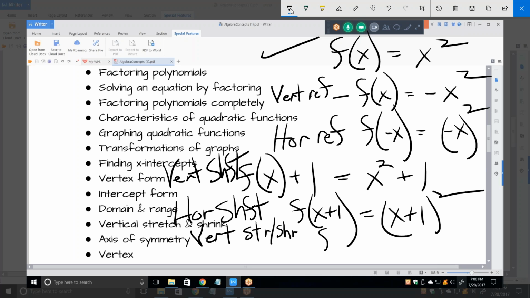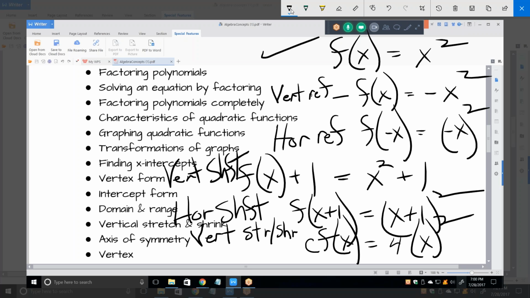And that's going to look like this, where I have some number that multiplies the f of x. For example, if I had 4 times x squared, that's some number times f of x, right? That is a vertical stretch. Just remember that for a moment.